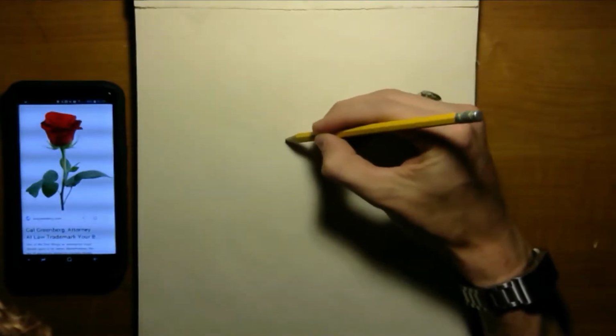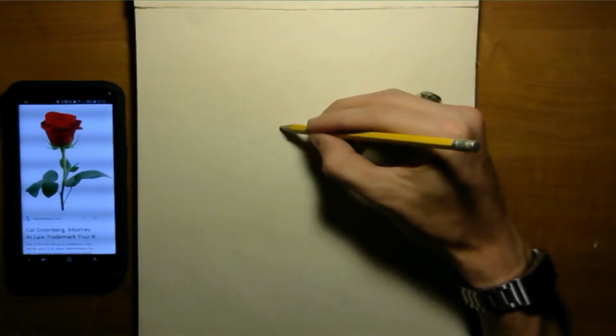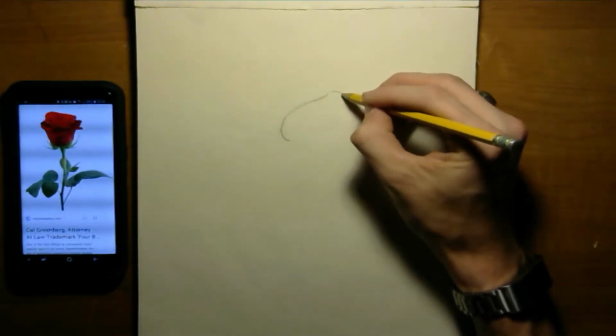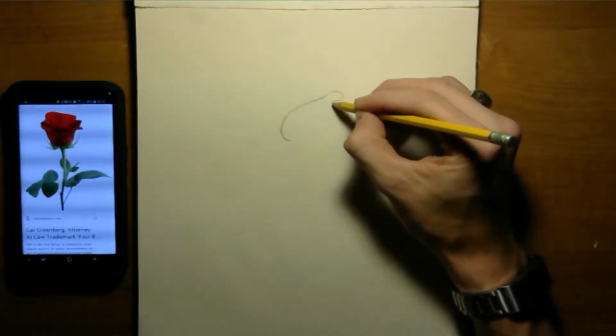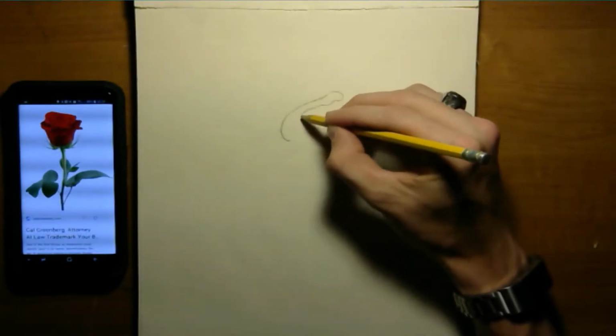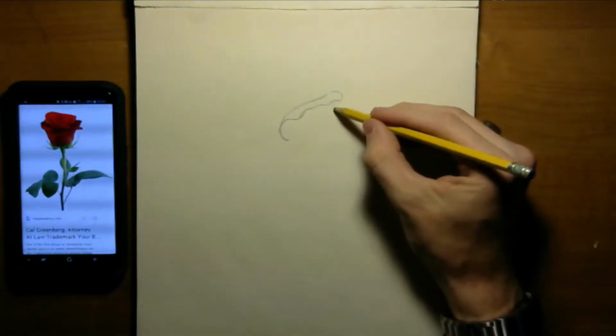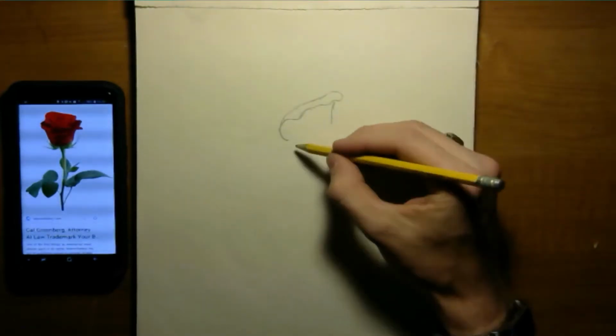So what I'm going to do is lightly sketch. You want to lightly sketch your picture, and just flow with the image. Now it might not look exact. It'll take time to look as exact as you want.